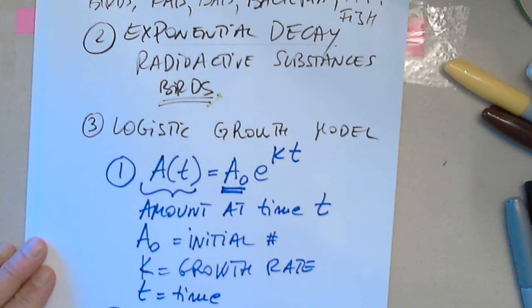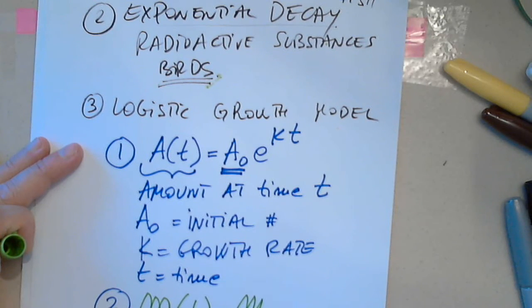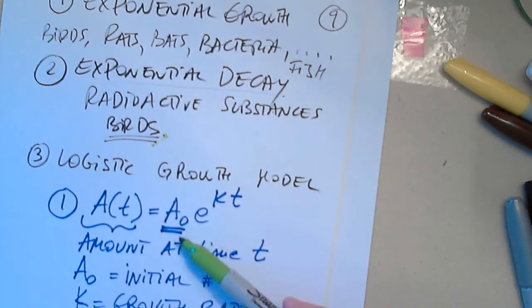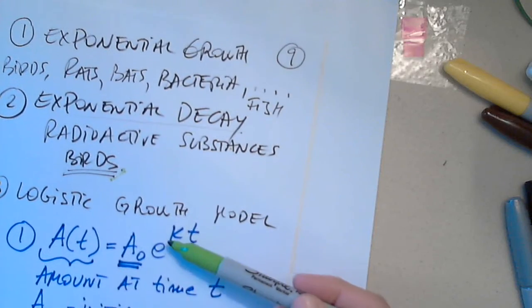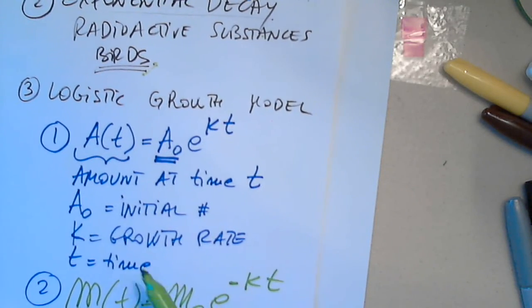Okay, so the second one, which is the exponential decay, deals with mass in general. What's the difference? Just the notation. And this one has plus because it's a growth, and this one has minus because it's a decay.